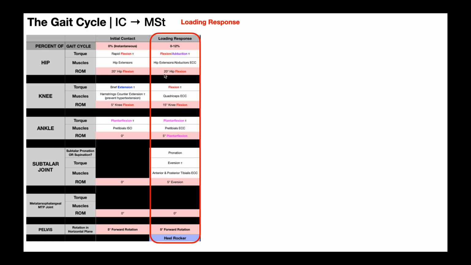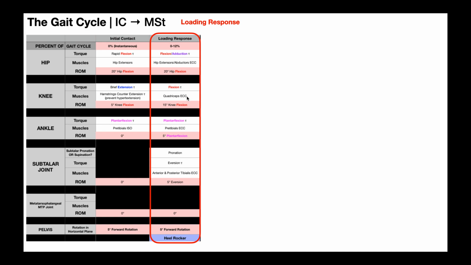And so that sustained hip flexion, notice, okay, we still have this 20 degrees of hip flexion. That has not changed. Then at the knee joint, we have this induced gravitational flexion torque. Okay, if you stand up and you just all of a sudden go into total knee flexion, what happens? Your butt drops to the ground, right? So if you have too much flexion at the knee, you're going to fall to the ground, right? Your knees buckle. And so to prevent that buckling and to counteract that flexion torque at the knee, the quadriceps are going to contract eccentrically. Now, they're contracting eccentrically.